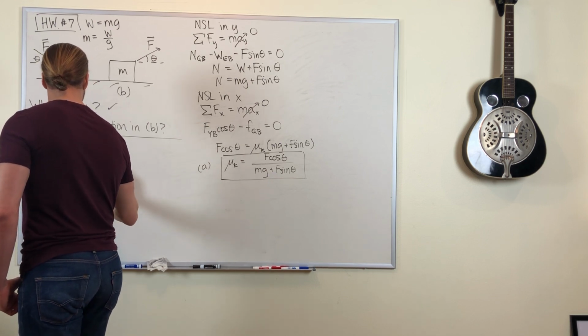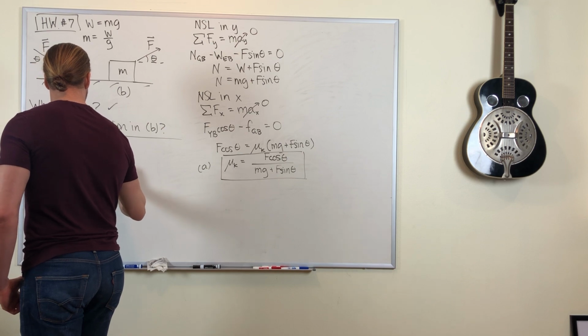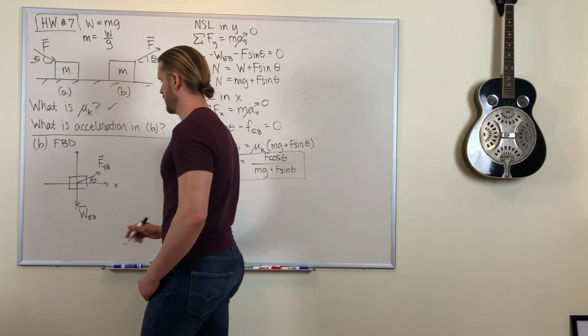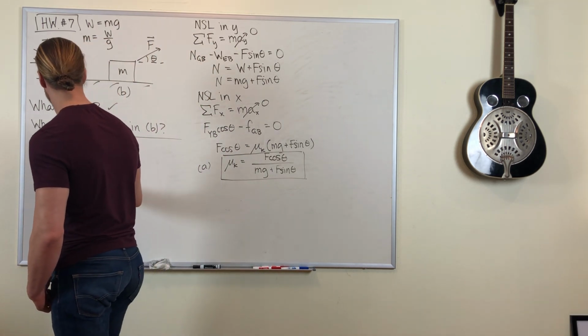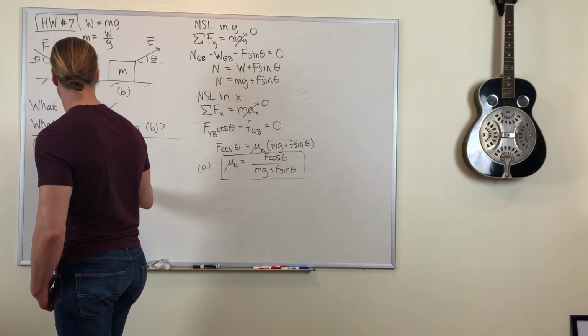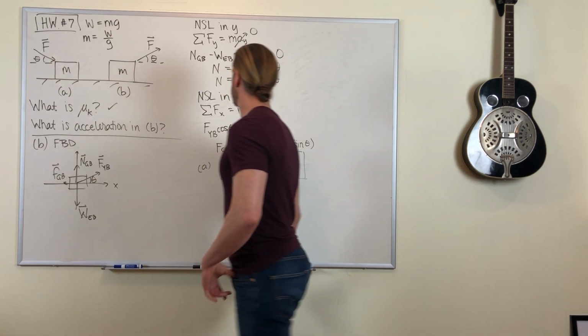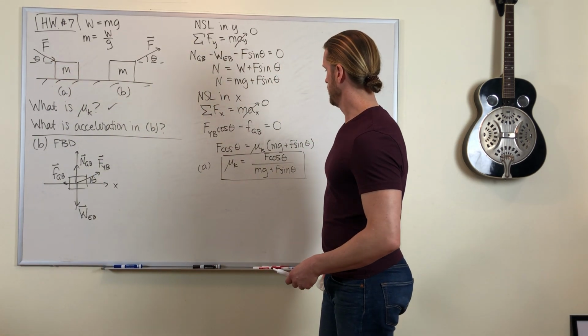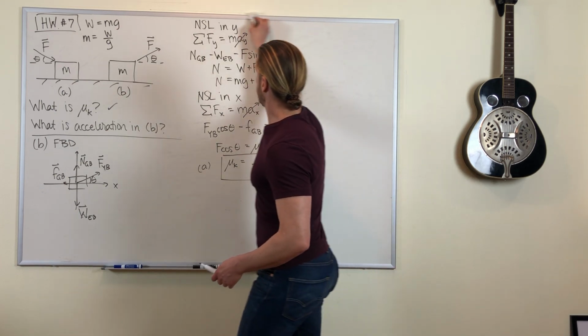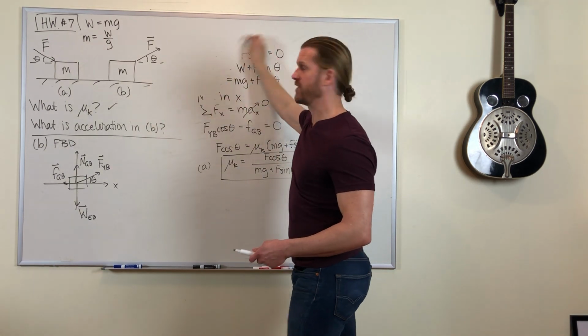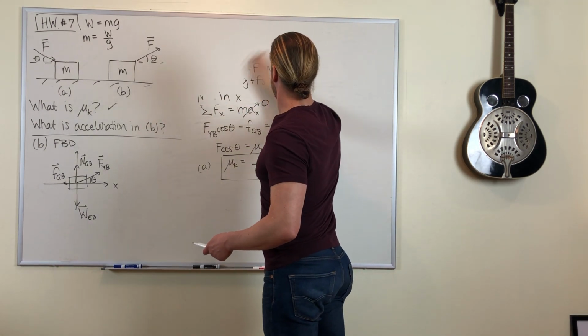The difference is that we are applying this force in a slightly upward direction. I'm going to erase all this stuff because you can rewind the video if you need to see it again.